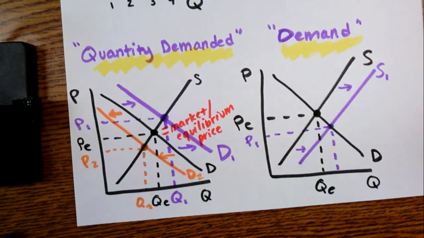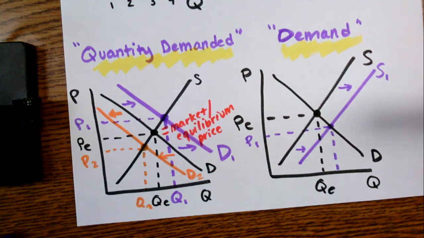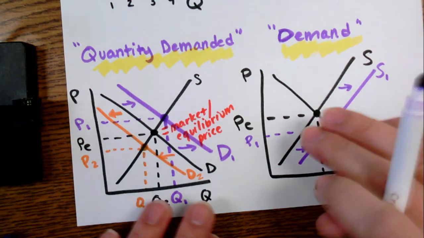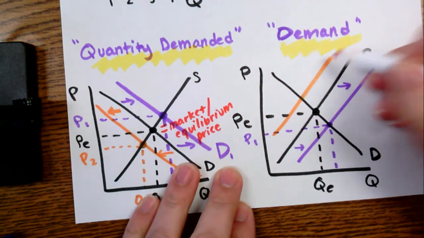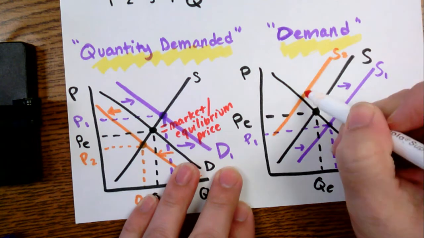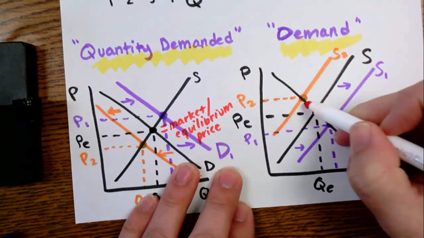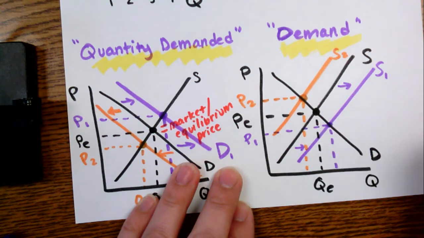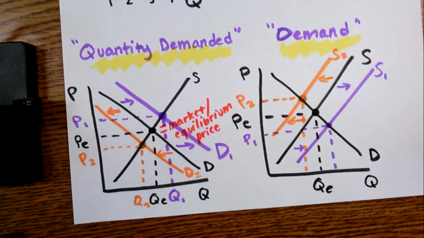Now, what is hard for kids initially on this is that they think because supply went up, they should move the line up. So visually, up is here, but that's actually to the left on the number line. So when you shift supply to the left, just like demand, you're showing a decrease.